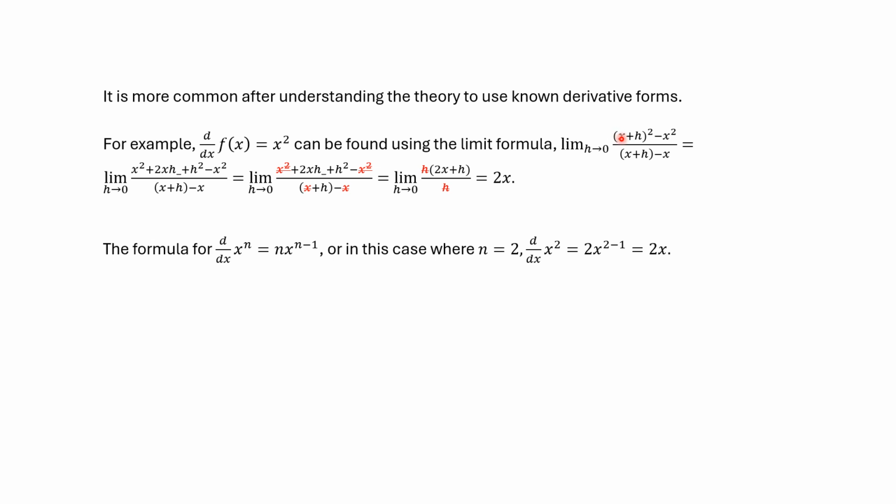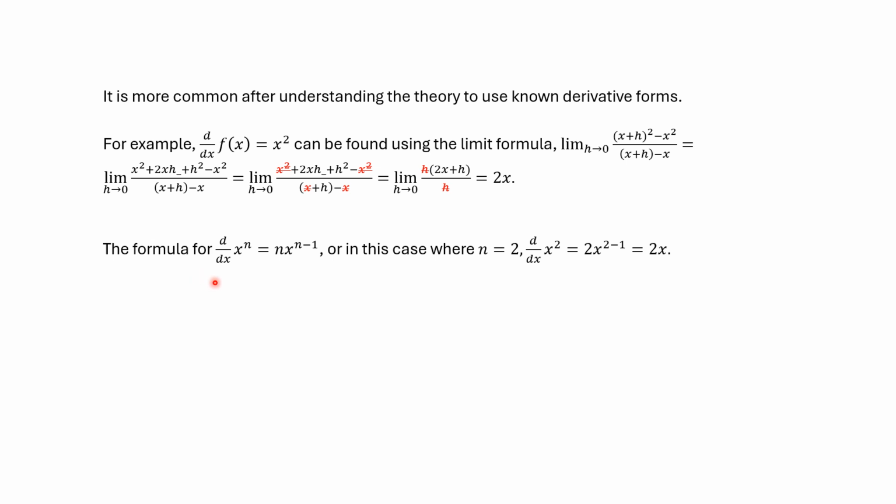We would expand the x plus h squared to x squared plus 2xh plus h squared. Then we would cancel the x squares in the numerator, and we would cancel the x's in the denominator. We would then factor the h out of the numerator and cancel with the denominator. We get 2x plus h. The limit as h goes to 0 of 2x plus h. Well, if h goes to 0, that leaves us with only 2x.